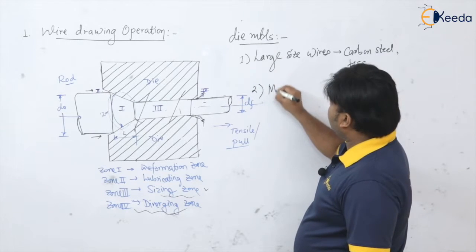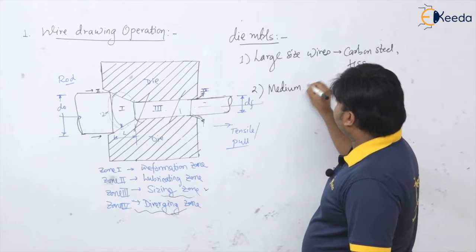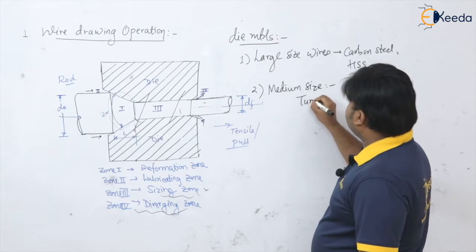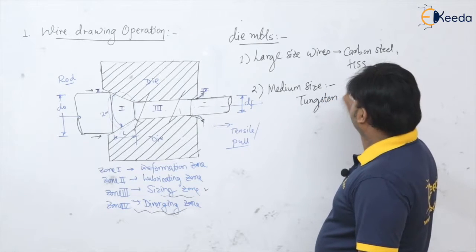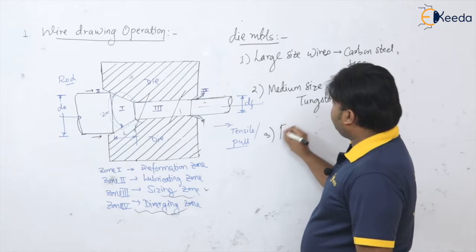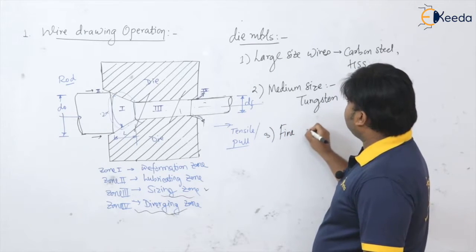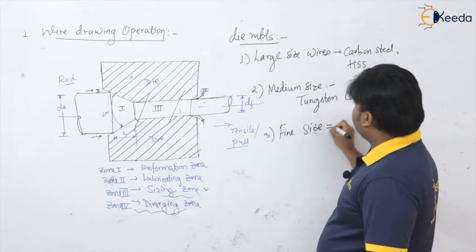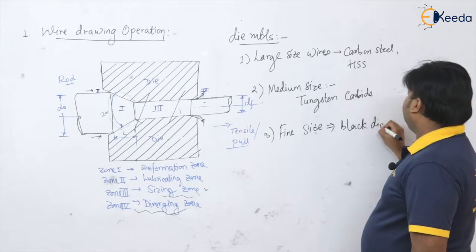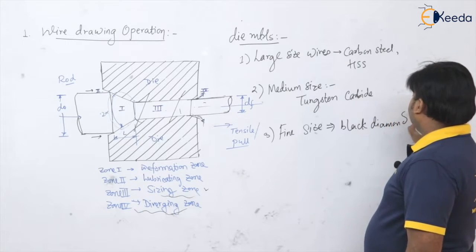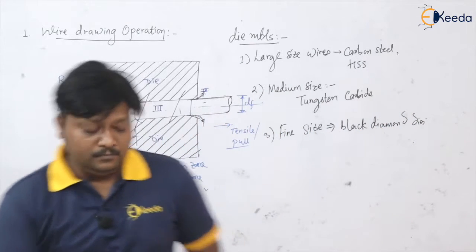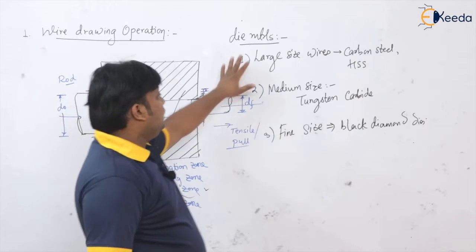For medium size wires you can use tungsten carbide. For fine wires, or very small diameter wires, black diamond dies can be used. Okay, so these are the die materials.